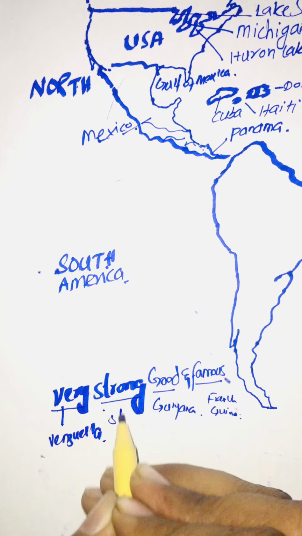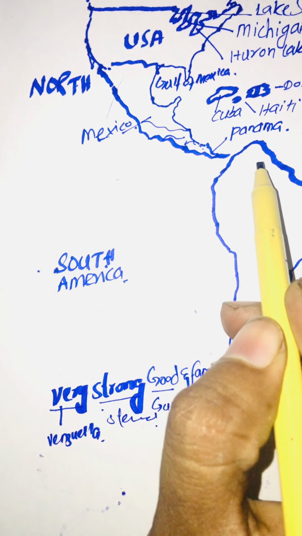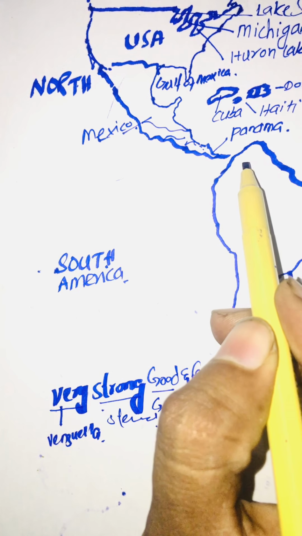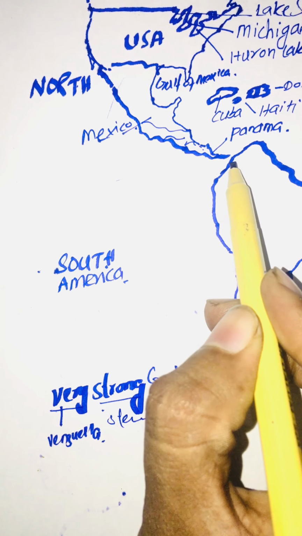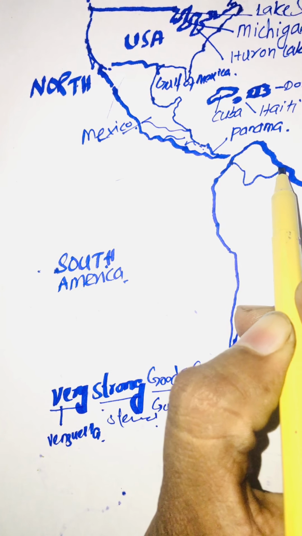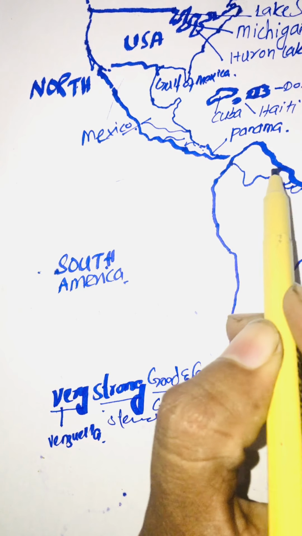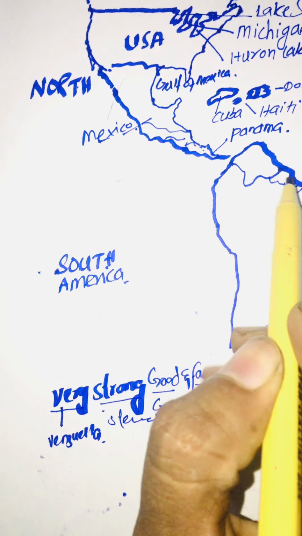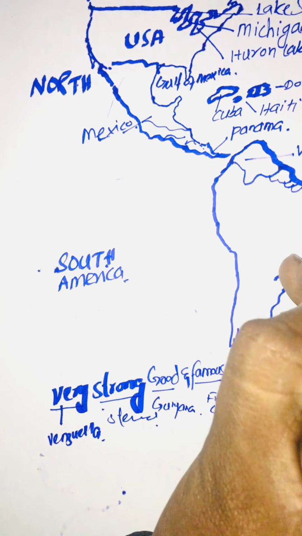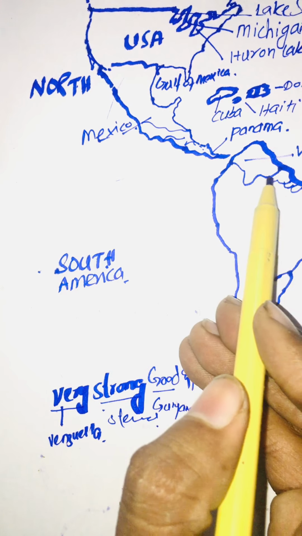So if I draw here, you will see the Venezuela state, which is located here in this way, and the other three states are here: Guyana, French Guyana, Suriname. I shall write the names here. Okay, very strong, good and famous, these four countries.